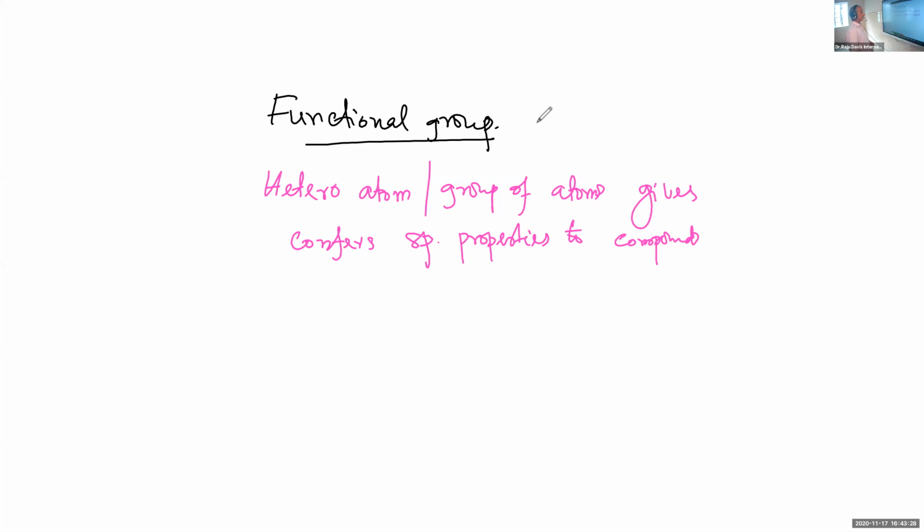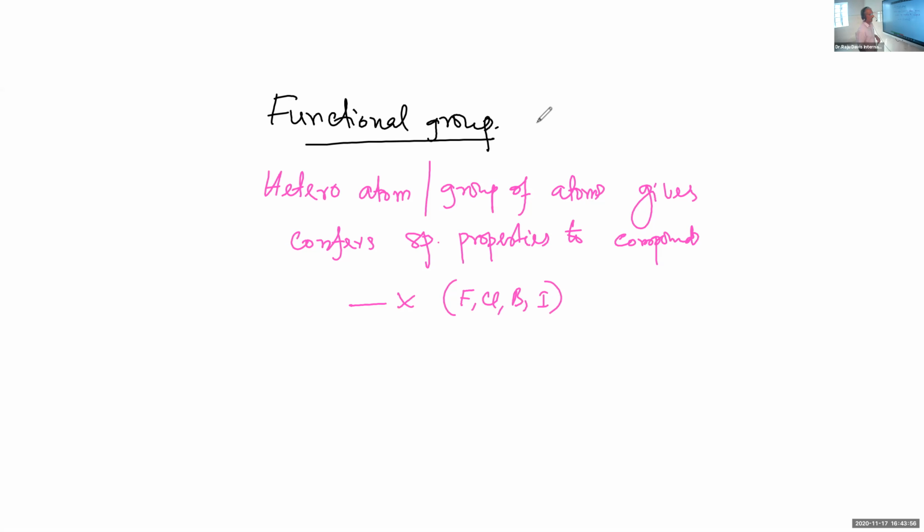A heteroatom or a group of atoms which confers specific properties to a group of compounds. These are called the functional groups. Say there may be the halogen atoms, fluorine, chlorine, bromine, iodine, etc., as the functional group.